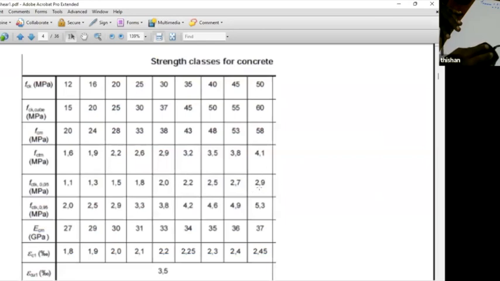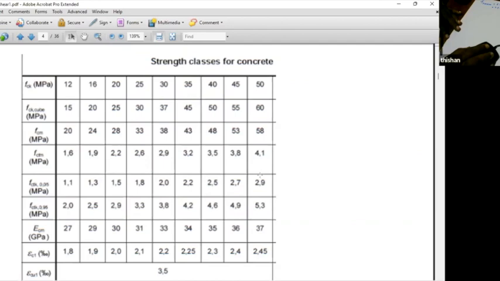Generally it's okay to say we maintain a tensile stress around 2.5 newtons per millimeter squared or 2.5 megapascal, as general information, not specific information.